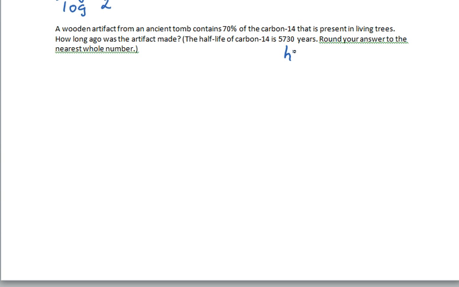We don't have a specific weight, but what we know is that the mass at time t equals 70% of the mass at time 0, of the original mass.